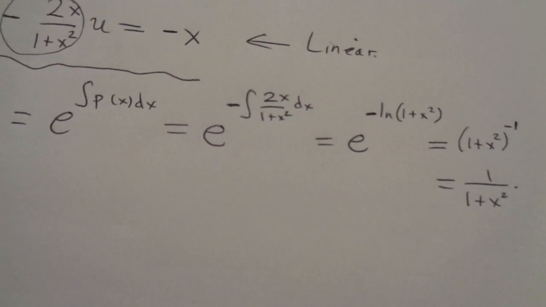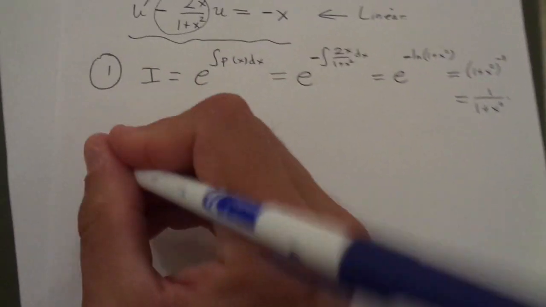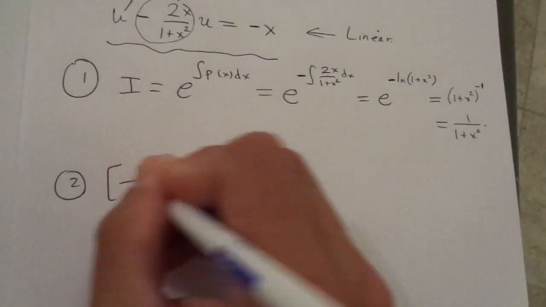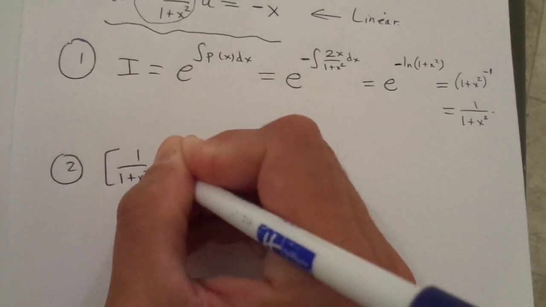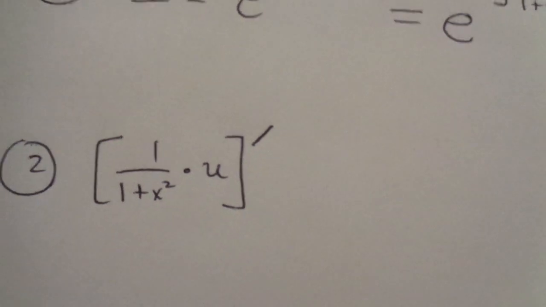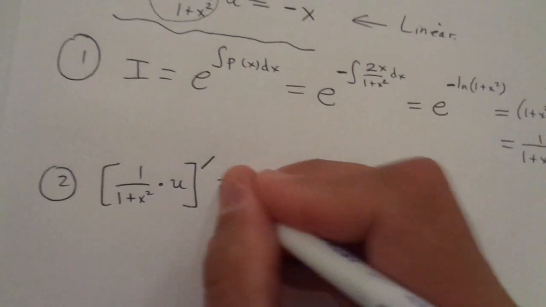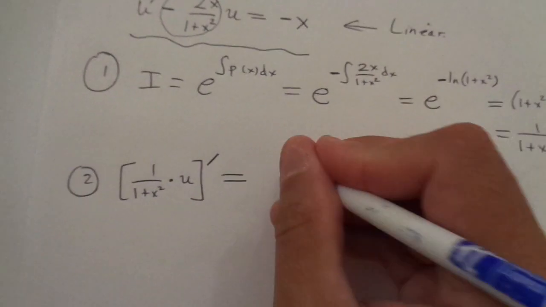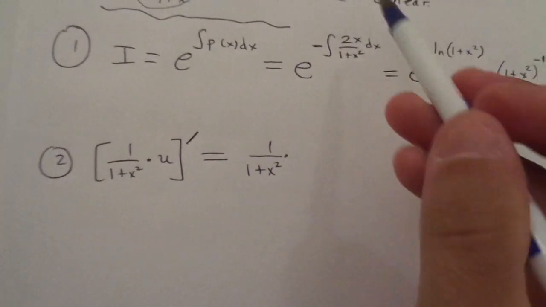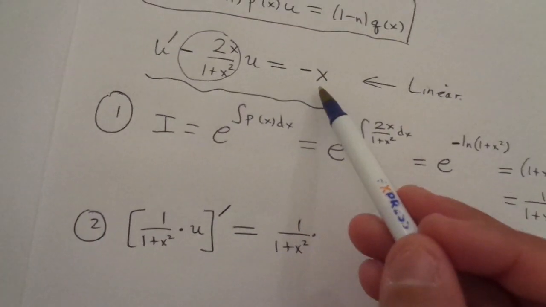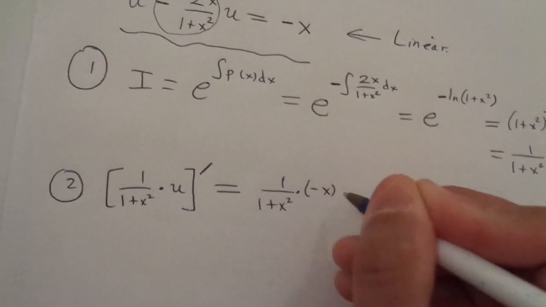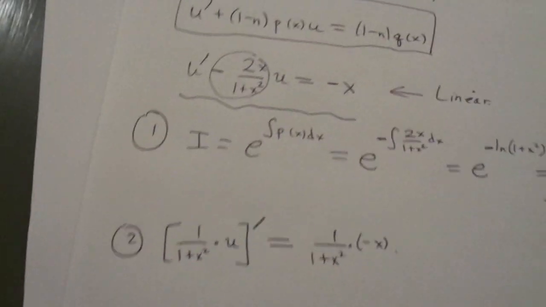That's the integrating factor. Step 2, I take the integrating factor, 1 over 1 plus x squared, and multiply it by my unknown function, which at this moment is u, and the product rule derivative of that should equal my integrating factor times the q of x that I had. Here's q of x for this problem, so we have negative x right there.